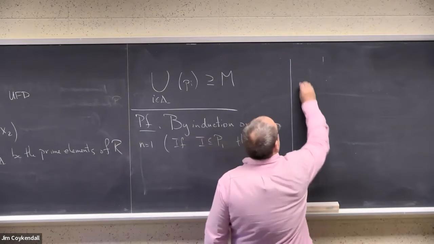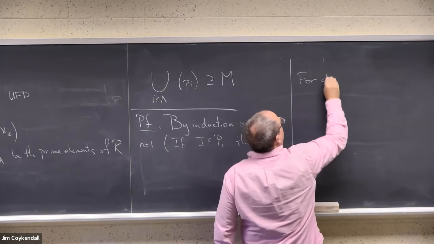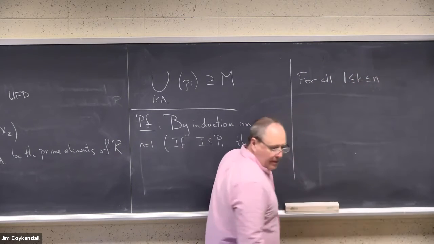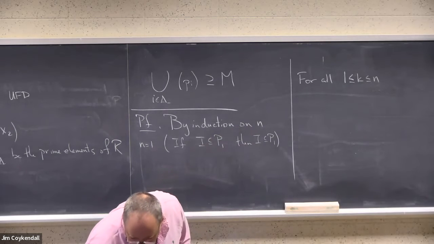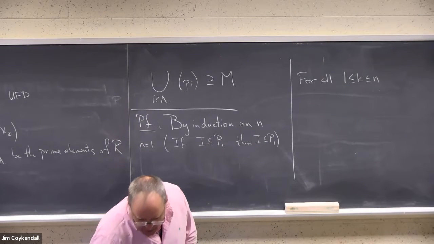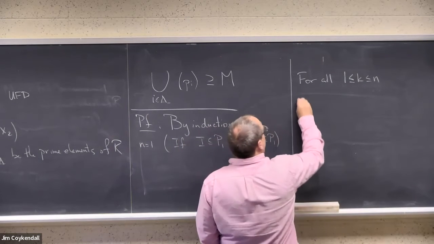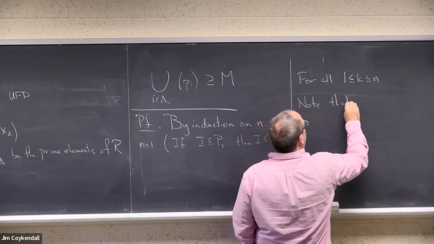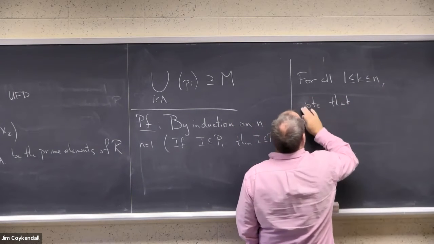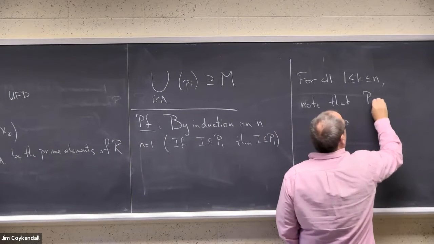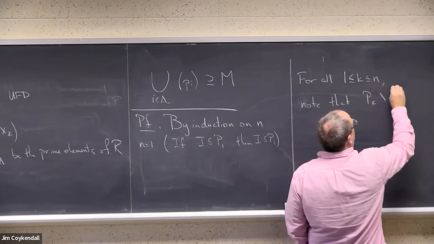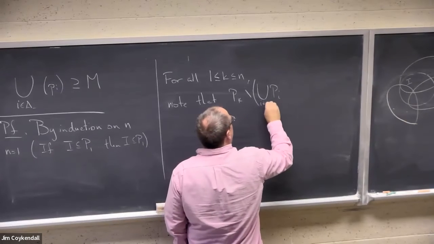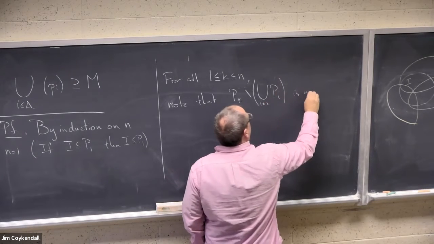Now, for all k between 1 and n, note that pk minus the union of the pi for i not equal to k is not empty.